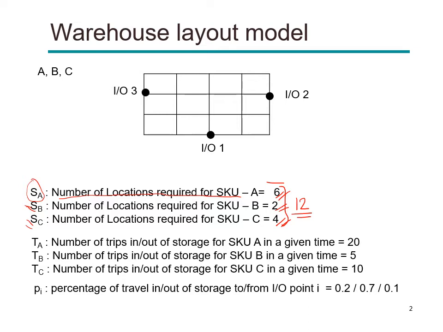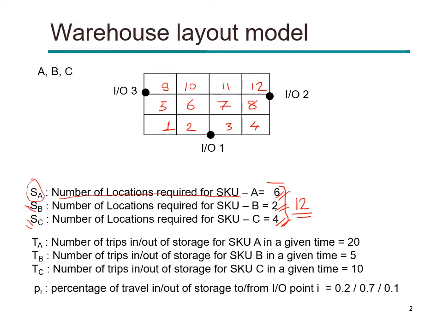We can number these grids in order to represent them. So for example, this may be storage location 1, this may be 2, 3, 4. Okay, we are just giving these numbers in order to represent them. So 9, 10, 11 and 12.